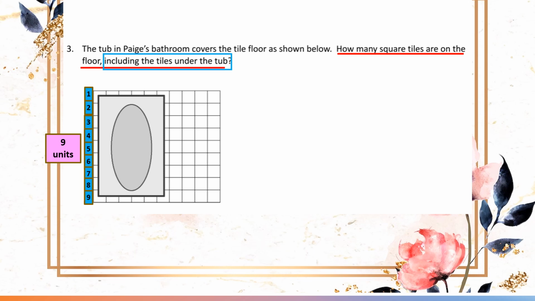Now let's go ahead and count the tiles that make up our width. 1, 2, 3, 4, 5, 6, 7, 8, 9, 10.